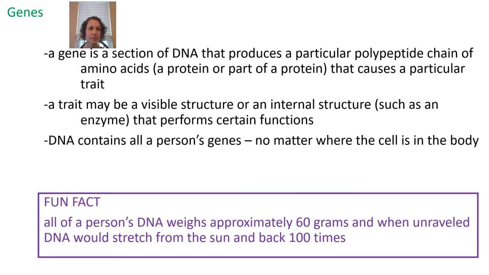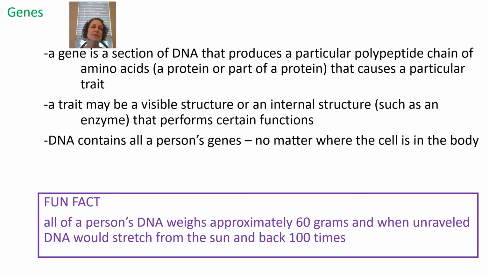Everything we are going to talk about now is dependent on that pattern. An individual gene is a section of DNA that produces a very specific polypeptide chain of amino acids, which is basically a protein, and that protein causes a particular trait. It can be a visible structure, hair color, skin tone, or an internal structure, an enzyme that your body uses, or the way your specific neurons work in your brain.